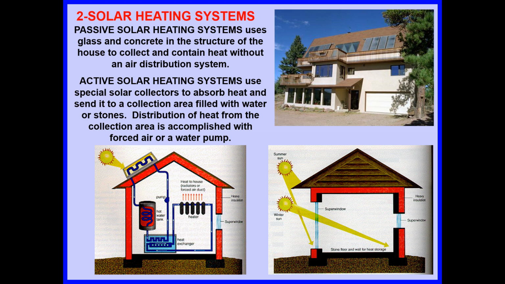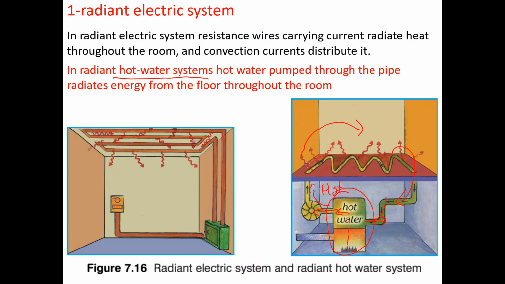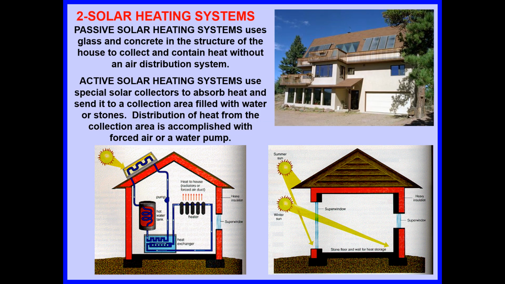But active solar heating systems use special solar collectors to absorb the heat and send it to a collection area filled with water or stones. Distribution of heat from the collection area is accomplished with forced air or water pumping.